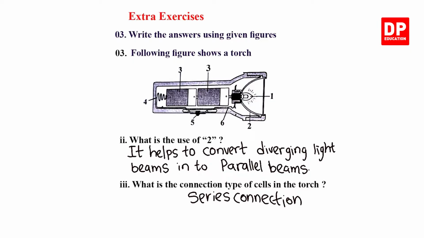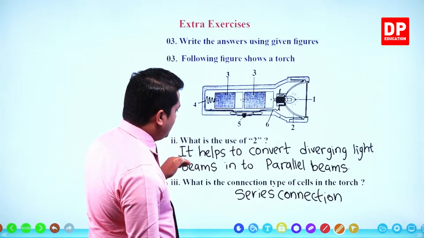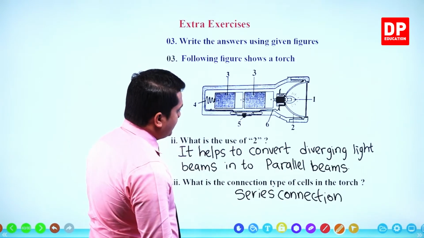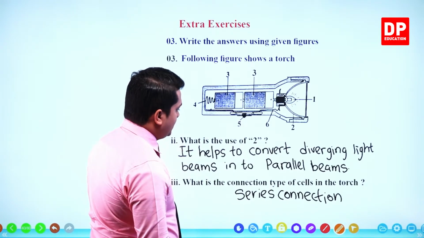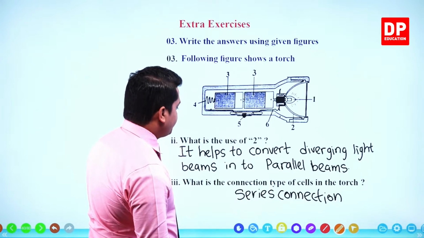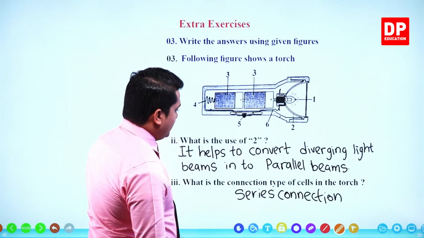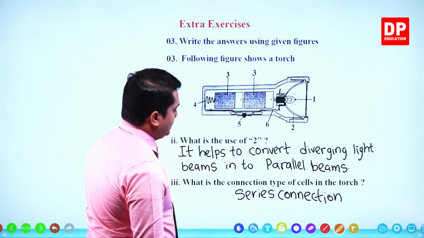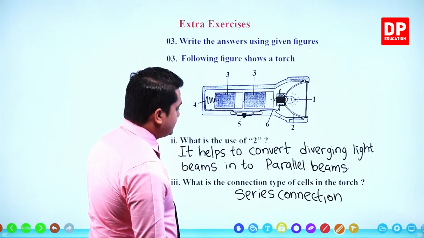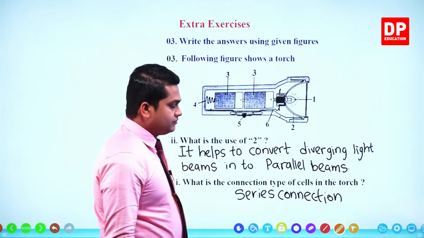It is in a series connection. So the reflector helps to convert diverging light beams into parallel light beams, and the connection type of the cells is a series connection, right?